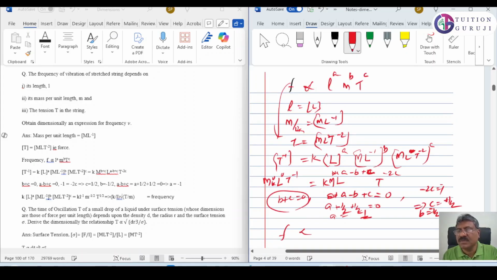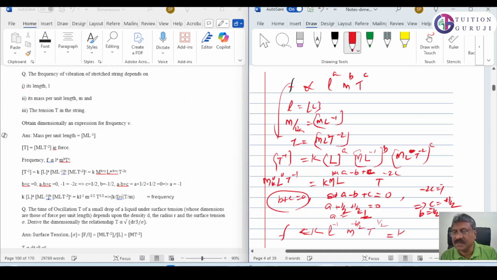F is proportional to, or F is equal to K. So you can say L raised to A, what is A? A is equal to minus 1. L raised to minus 1. Then M raised to B. B is equal to minus half. Then T is equal to plus half.